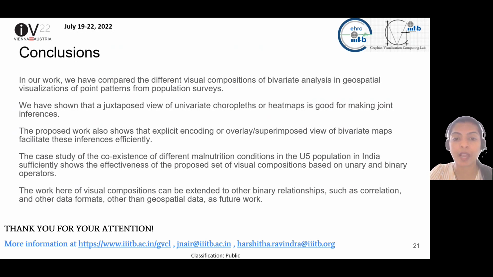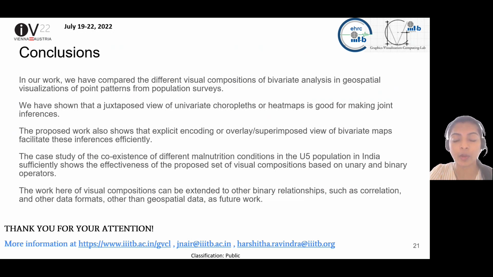In summary, the map-based visualizations enable spatial understanding of the existence of different malnutrition conditions by design. Unlike non-visual data analysis methods, comparative visualizations using our proposed vector and matrix layouts for juxtaposition show the influence of spatial locality.